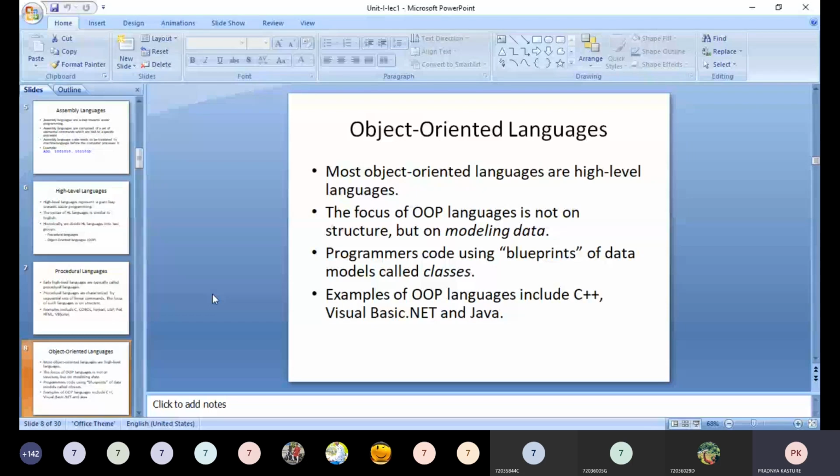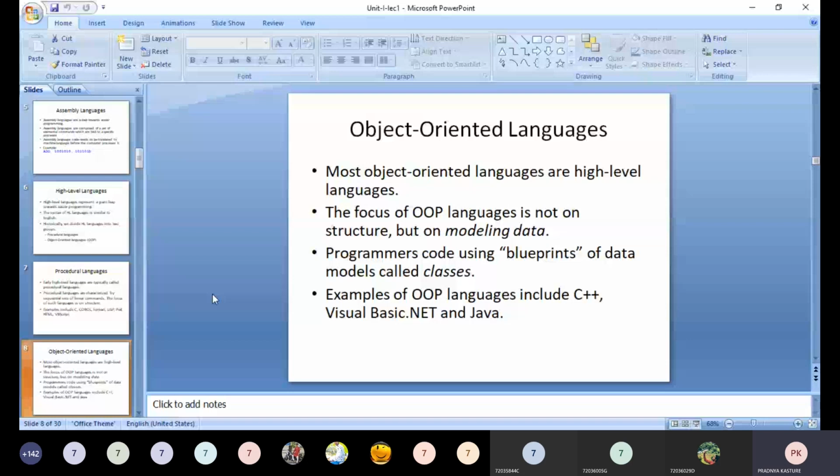If we come across the OOP concept, the first language was a combination of the C language plus Simula 67. This is the combination of the earlier C language and the OOP features which come from the Simula 67 language.